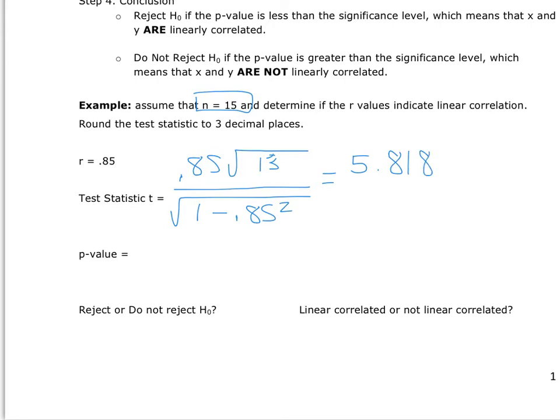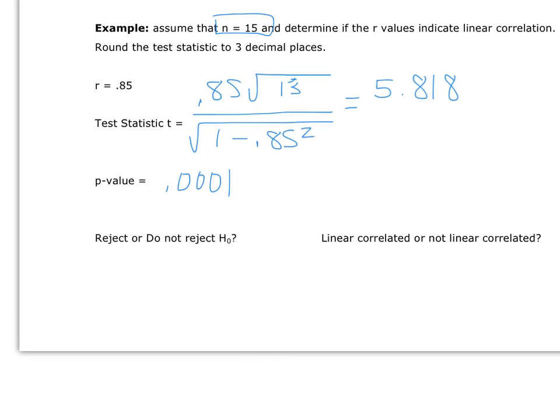So we go to the online tool to find the p-value. We got to remember we want the test statistic, we want degrees of freedom of 13, because we're subtracting 2 from the sample size, and we want a two-tailed test. So we picked the option with 2 tails. And that gives a really small p-value of 0.0001.